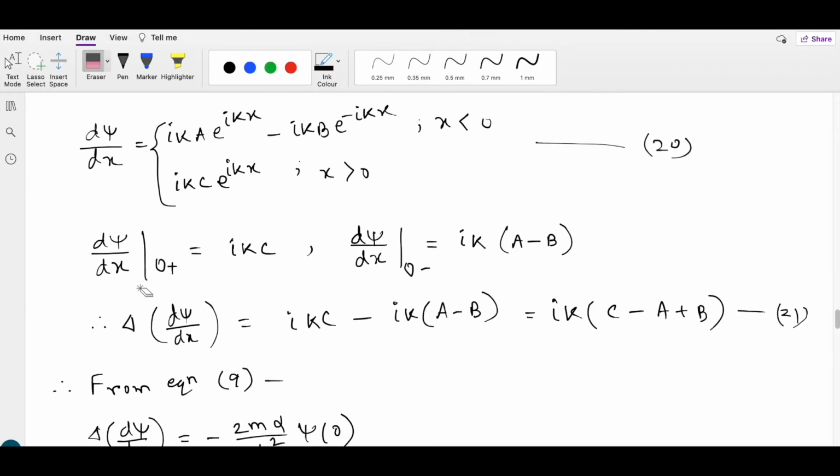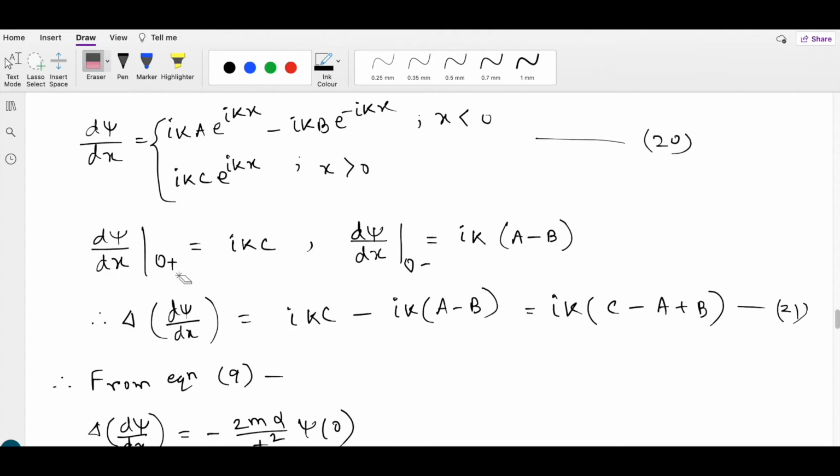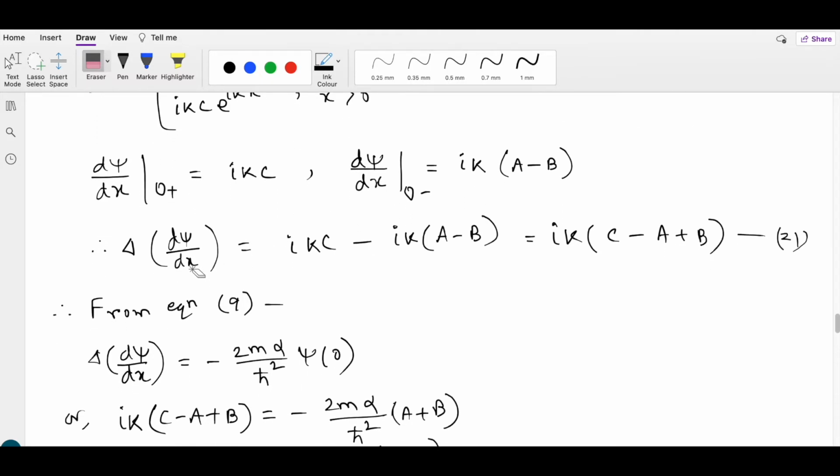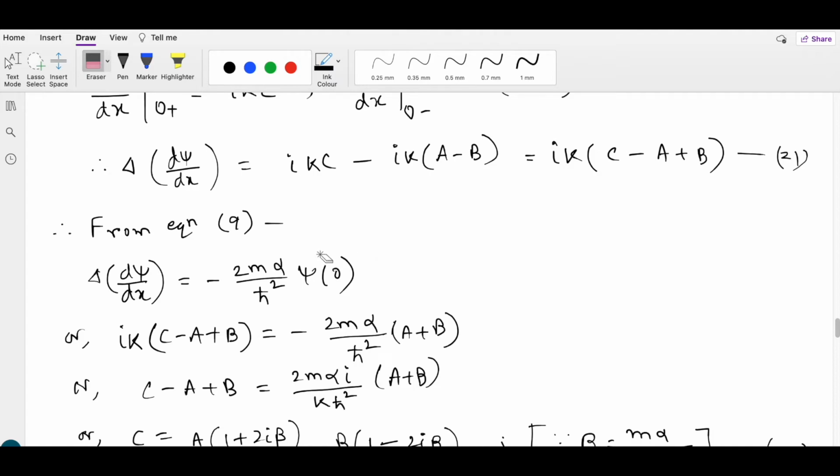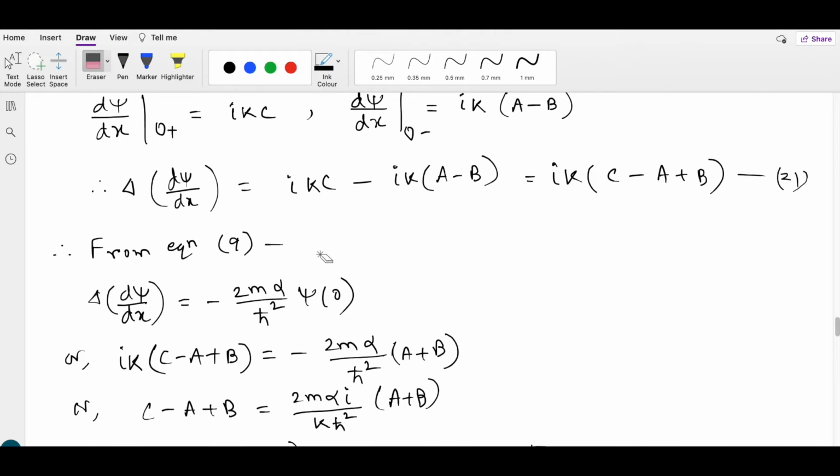So d psi by dx at 0 plus is ikc, and at 0 minus it is ik(a minus b). So delta d psi by dx is ik(c minus a plus b). So from equation 9, what is equation 9? Equation 9 is delta d psi by dx equals minus 2m alpha by h bar square into psi(0).